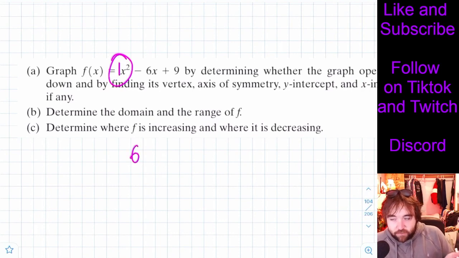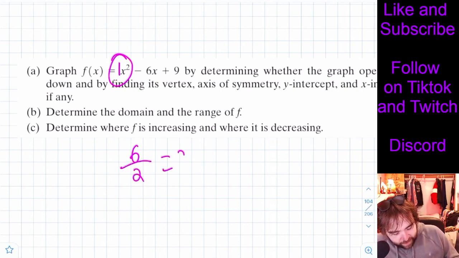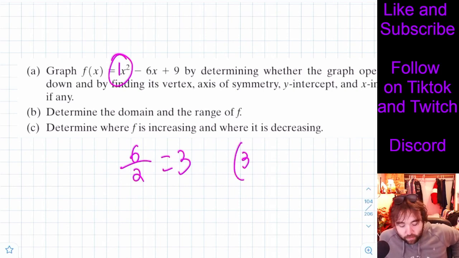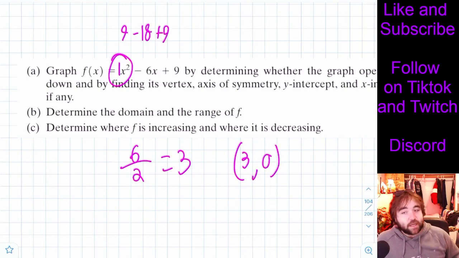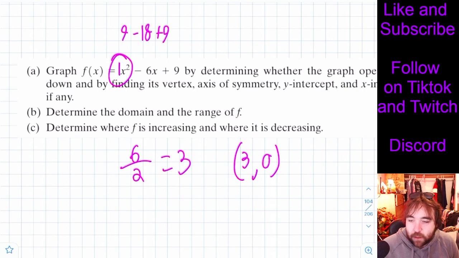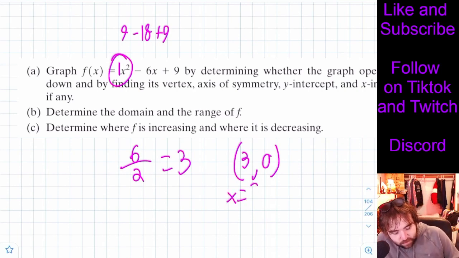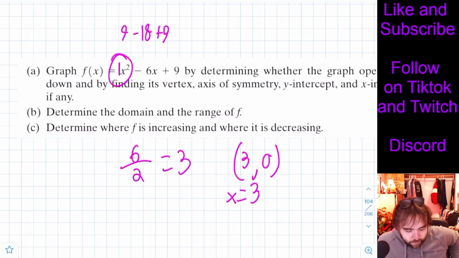So it'll be negative negative 6, positive 6, over 2. So the x-coordinate of the vertex is 3. And if we plug in 3, we get 9 minus 18 plus 9. We get 0. So that's actually the x-intercept as well, which is (3, 0). So that also tells us that it has an axis of symmetry of x equals 3.